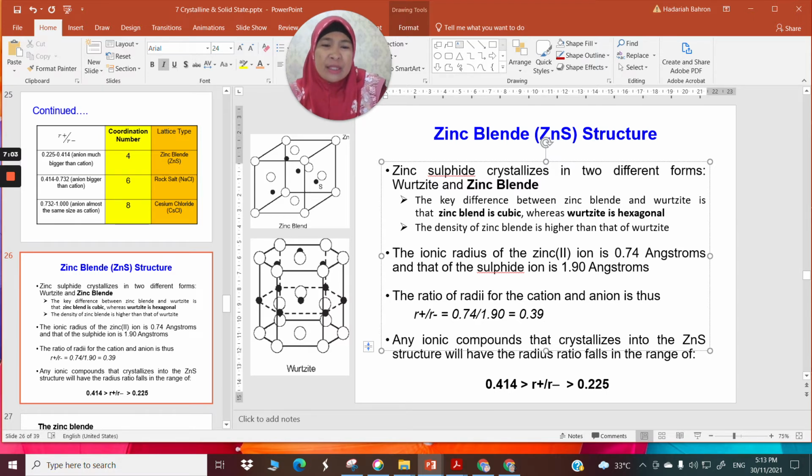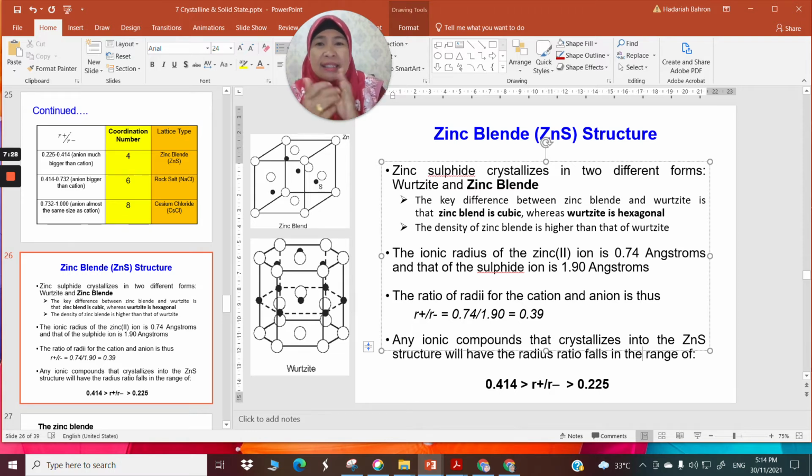It falls between this ratio, 0.414 and 0.225. It really shows that your cation is so much smaller than your anion. So you have that particular salt assume the structure of ZnS.